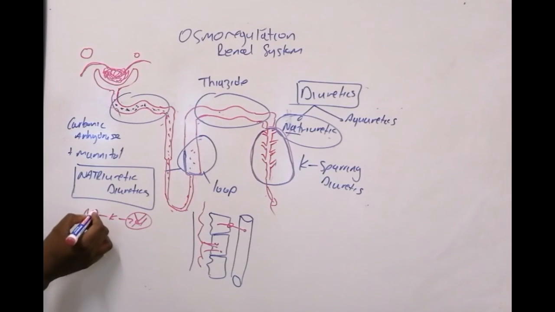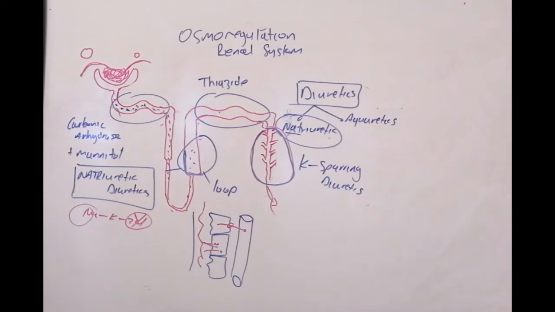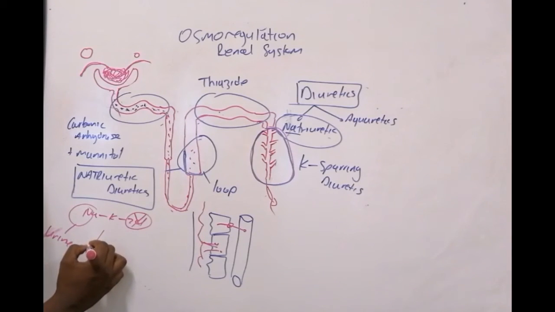You're making sure that you don't reabsorb this, and this forms part of the urine, so it becomes excreted. Now look at potassium. Potassium also cannot enter, so this potassium will also form part of the urine.